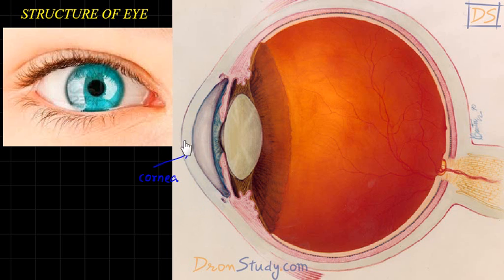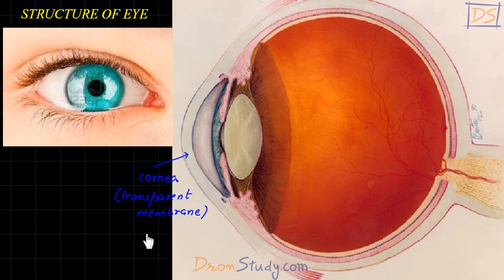It is basically like a transparent membrane. Okay, students. So if you look at eye from outside, there is a transparent membrane on eye, right? So that is this thing actually. That is cornea. It's a transparent membrane.